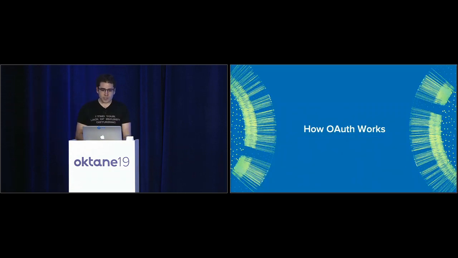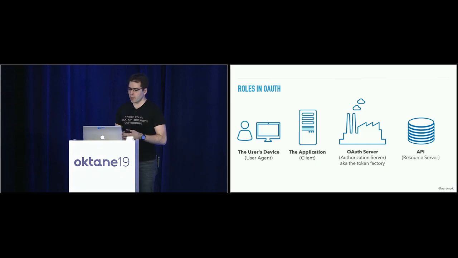Okay, so we're going to talk a little bit about how OAuth works and how some of the data moves around in this world, which will help set us up for understanding some of the problems. There are typically these 4 roles in OAuth. There's the user, who has an account at some server and some data that lives over in the API.